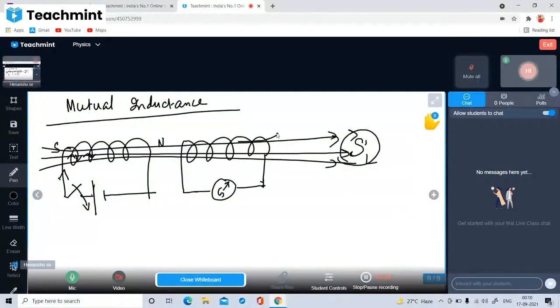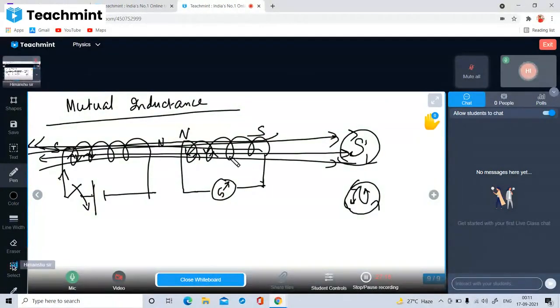The magnetic field will be formed along this direction, and for that reason here we have to develop north pole and here south pole, so we have to develop anti-clockwise flow of current. Understood?